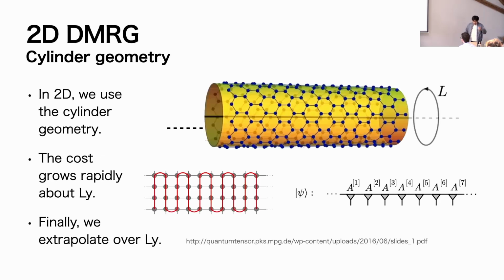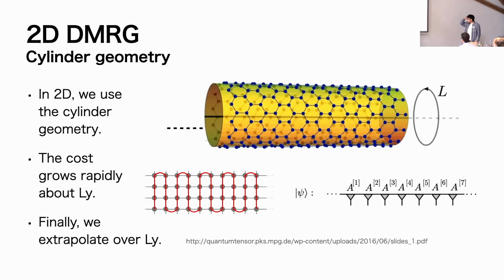And as you know, the 2D DMRG is not really 2D in the exact sense, because we use a cylinder geometry with a finite circumference, but it is still an unbiased, very reliable technique.